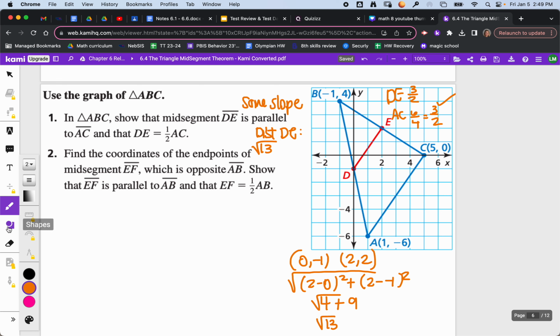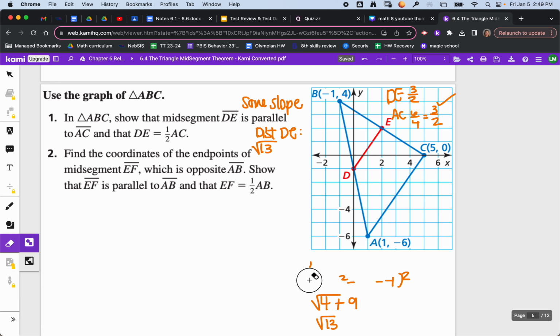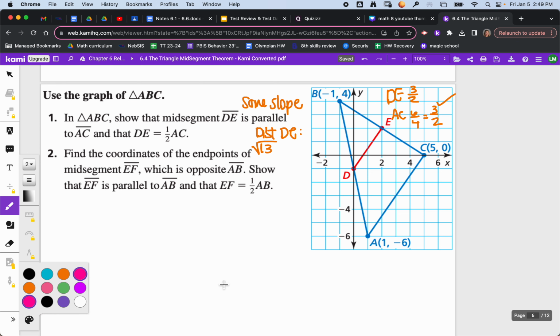I'm going to leave it in square root form first, and then we'll change it to a decimal. So that was DE. I'm going to erase and get some room here to do AC next. For AC, I have A at (1, -6), and C is at (5, 0), so just finding the distance of that.